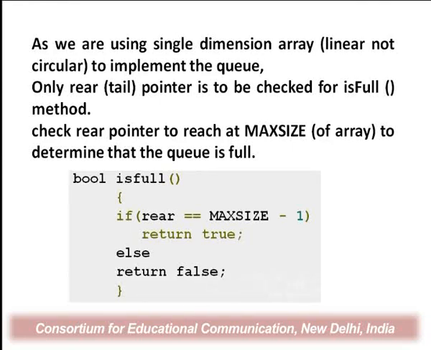So, if all the elements from 0 to 7 are filled, that means our rear is at max size minus 1. Here in the example it is 8 minus 1, which is 7. So, if rear is pointing towards the last element, that means all the elements are full and the queue is full. So, this condition will return true.